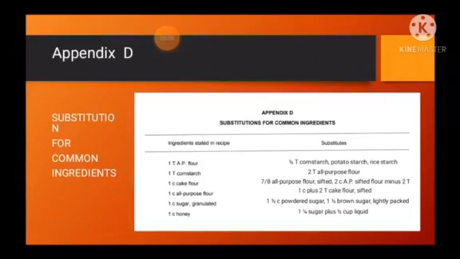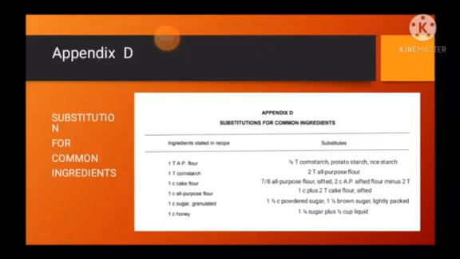And appendix D is all about substitution for common ingredients. So, the ingredient stated in the recipe is 1 cup flour. Its substitute is 1/2 tablespoon cornstarch or potato starch or rice starch.